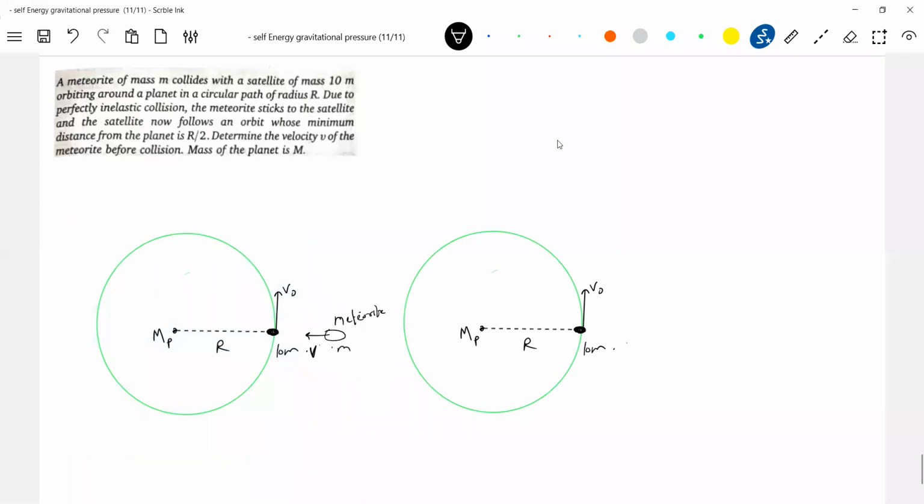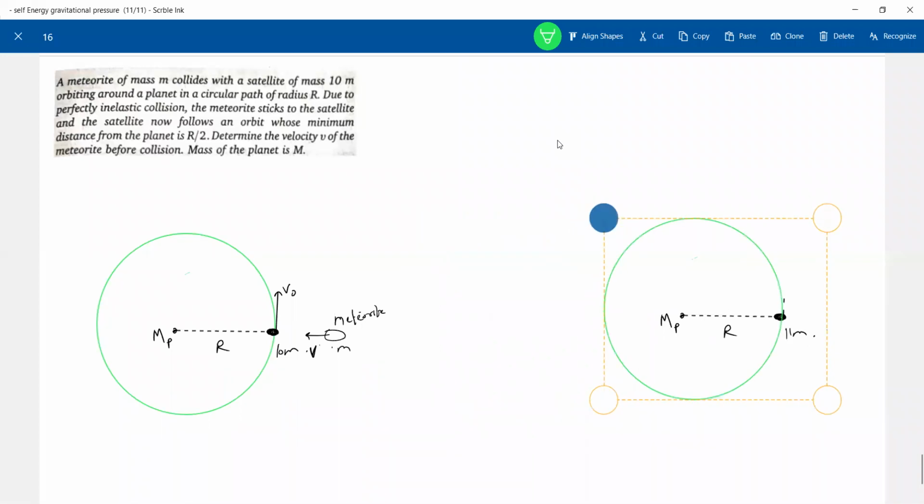So after collision, it will become 11m. How do you expect the combined mass to move now?